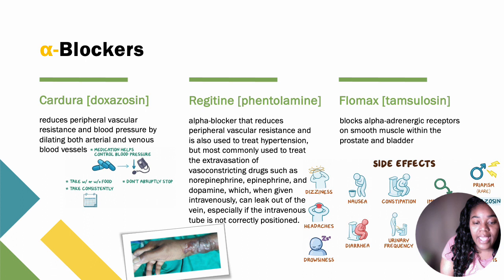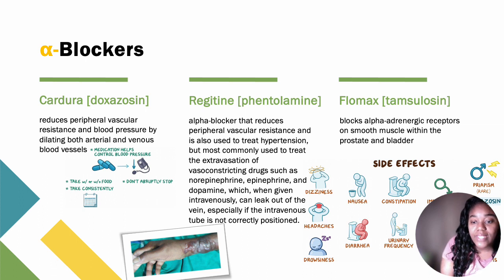So again, that extravasation causes injury to those extremities by which those veins exist. So in order to give an antidote, if you will, the Regitine serves as an antidote for norepinephrine, epinephrine, dopamine extravasation. Again, if it's not correctly positioned in that vein, you do have conditions called extravasation.